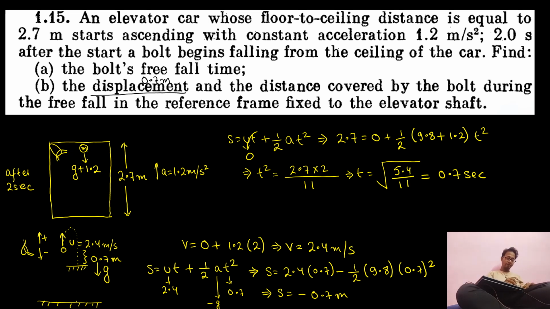Now what I'm trying to do is apply v square is equal to u square plus 2as for these two steps. So s is nothing but this much distance. So v square is equal to u square plus 2as. What's the final velocity? 0. Why?